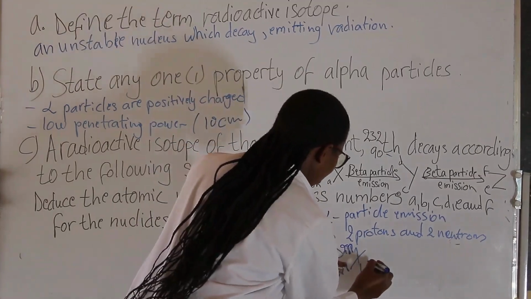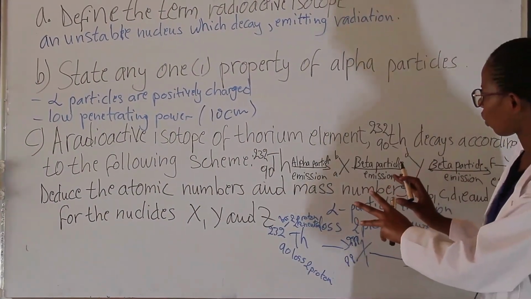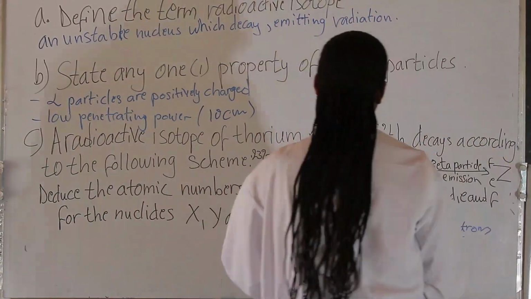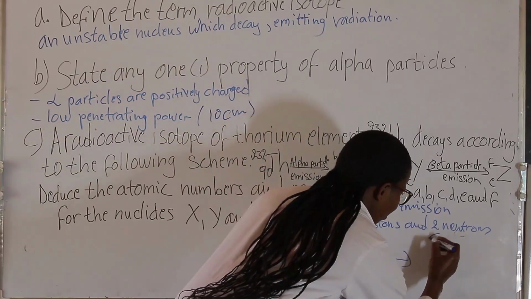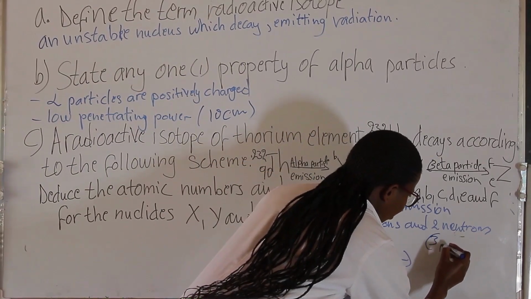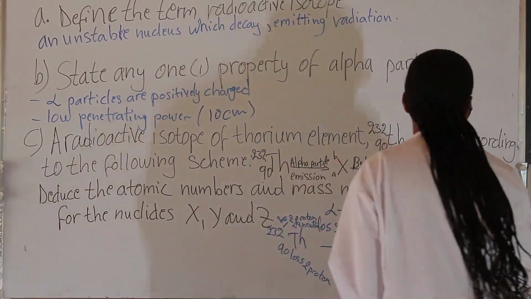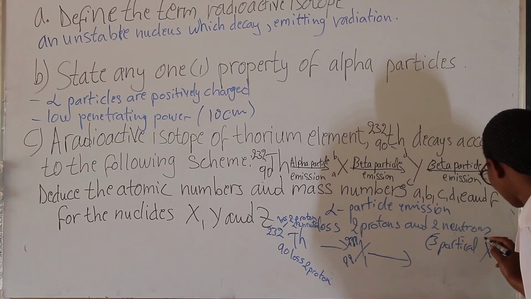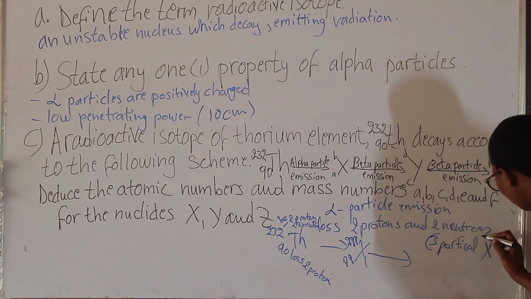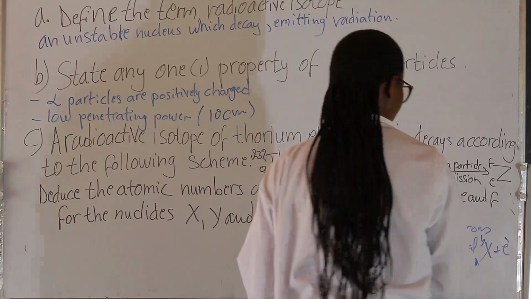Then this X also will emit a beta particle. When an element emits a beta particle, it gains an electron. For a beta particle, it should have X with any number. This X will be S. Then it will gain 1 electron.